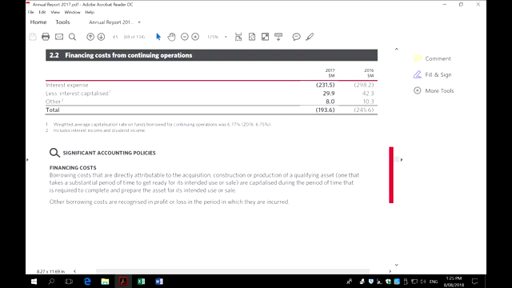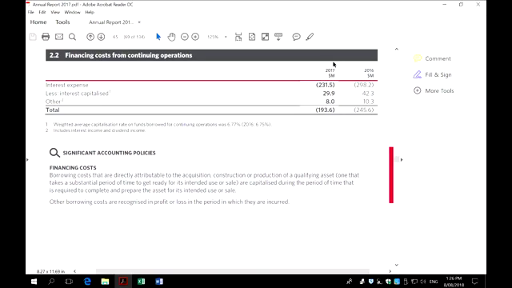So here we have a few items of interest expense, and interest capitalized, that's a reduction of interest expense. Most likely the interest expense of $231 million will be the cash interest the company has paid over the financial year.